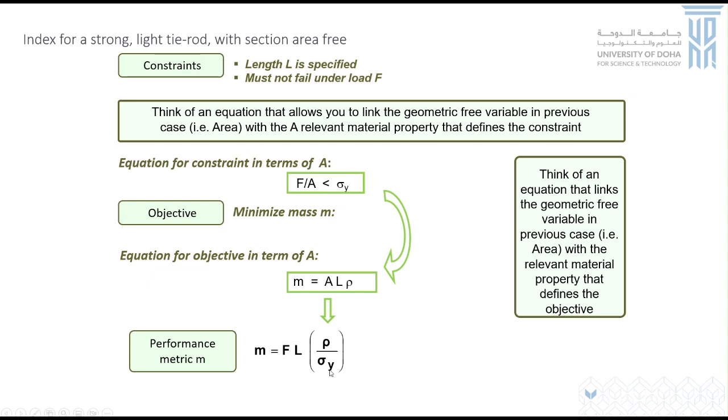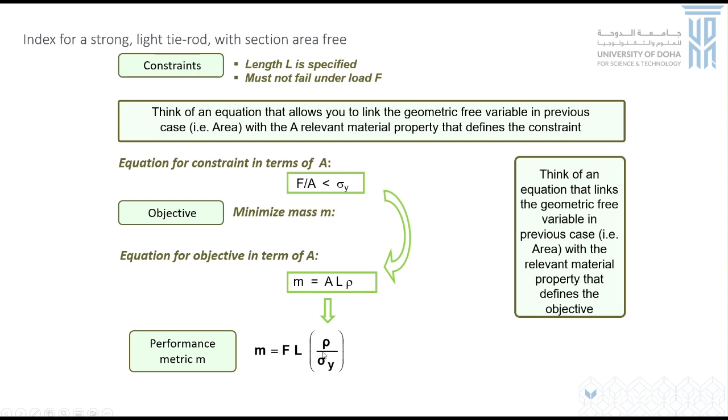Now what this equation is telling you is, if you want to have a lower mass, what do you need to do? Obviously this force you have no control over. This is coming from the design requirement of how much lift is required, right? So that force is fixed from your point of view, the maximum value. The length is also fixed.